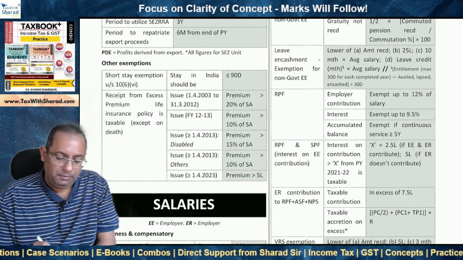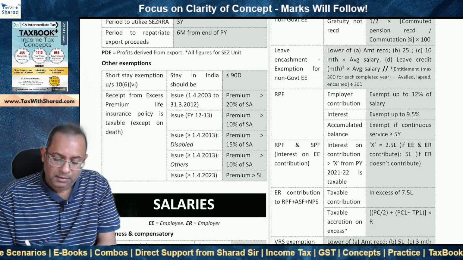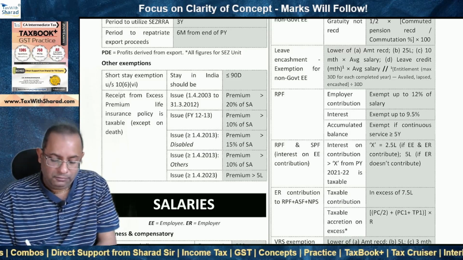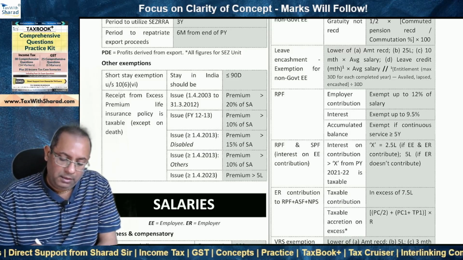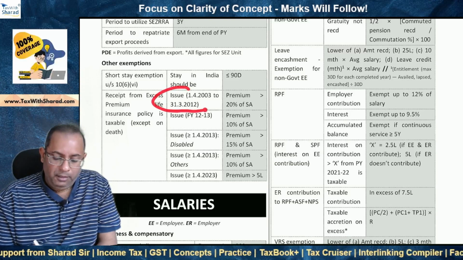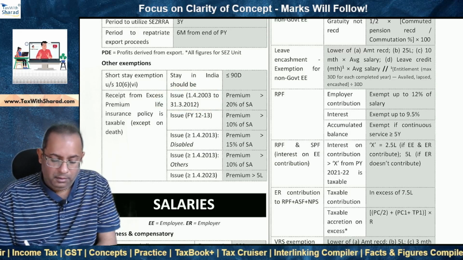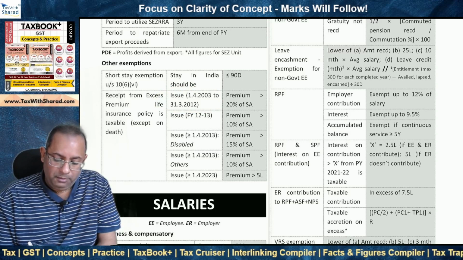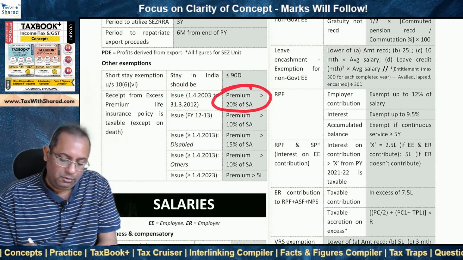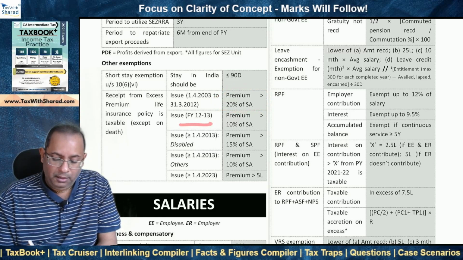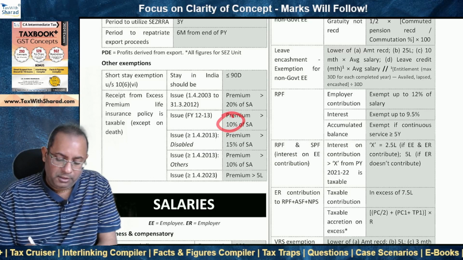Now, when is this taxable? It is taxable when the premium is more than a particular percentage of the sum assured. If the policy has been issued between 1st April 2003 to 31st March 2012, the policy is taxable when premium is more than 20% of sum assured. Where the policy is issued within financial year 12-13, the percentage becomes 10%.